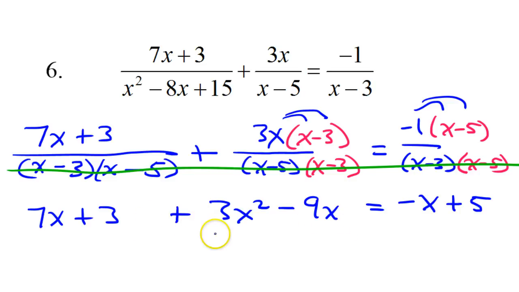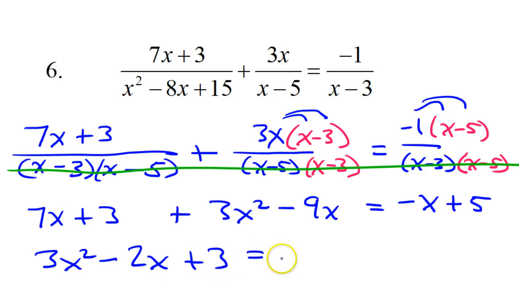So let's see, like terms. 7x and negative 9x are like terms. But first I'm going to put my 3x squared, just bringing that down. Now 7x and negative 9x, that's negative 2x. And then I've got the 3, so I'm just going to bring down the 3. I'm writing it in standard form as I go. And then I've got my negative x plus 5, bringing that down.